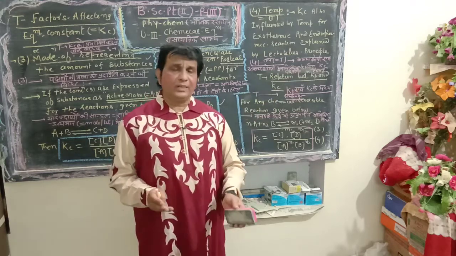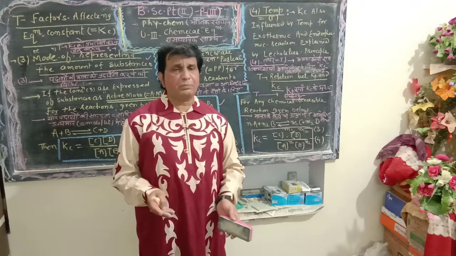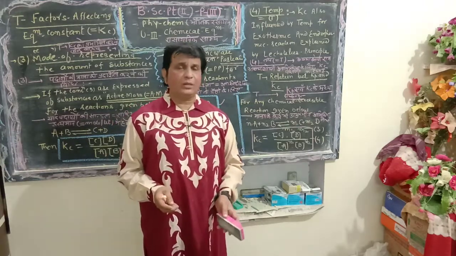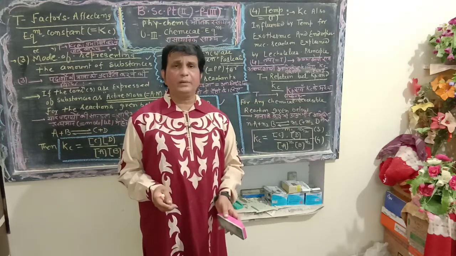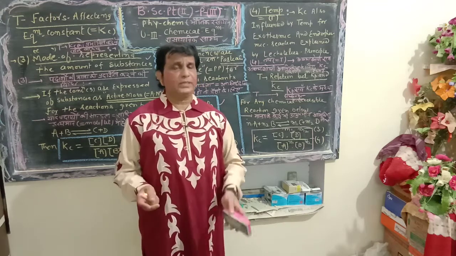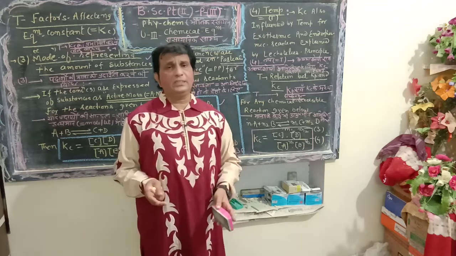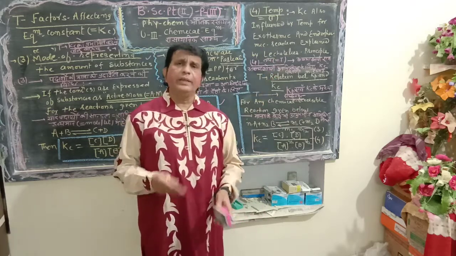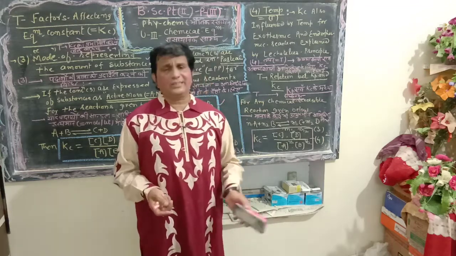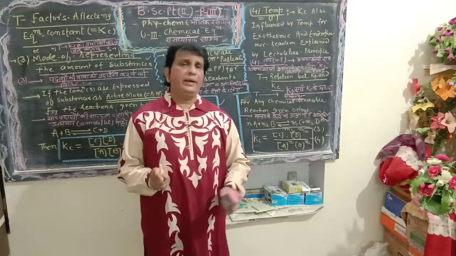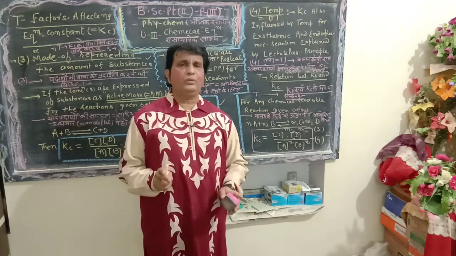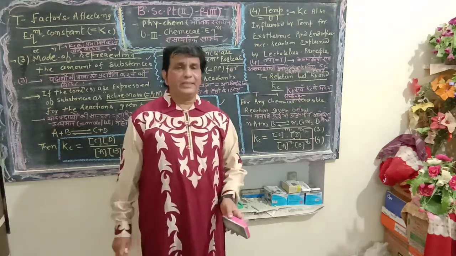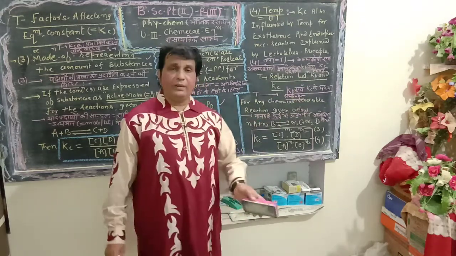On the basis of the Le Chatelier principle, it can be explained very easily that temperature influences exothermic and endothermic reactions. The detailed conceptual dependency of Kc on temperature using the Le Chatelier principle we will deliver in our next lecture. But you must remember that temperature also influences the value of the equilibrium constant, as stated by the Le Chatelier principle.